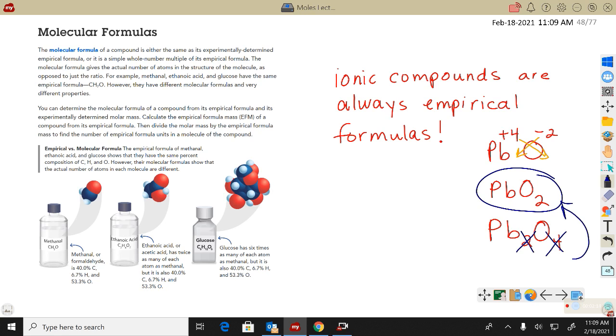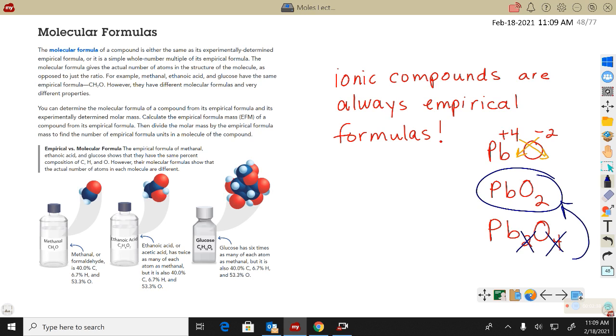but covalents may or may not be the simplest whole number ratio of elements. Covalents share electrons, and they exist as individual molecules, not like a giant crystal, and sometimes you just get really big molecules. So here they're showing us a molecule of methanol, or it's also known as formaldehyde. That's a pretty small little molecule, CH2O.